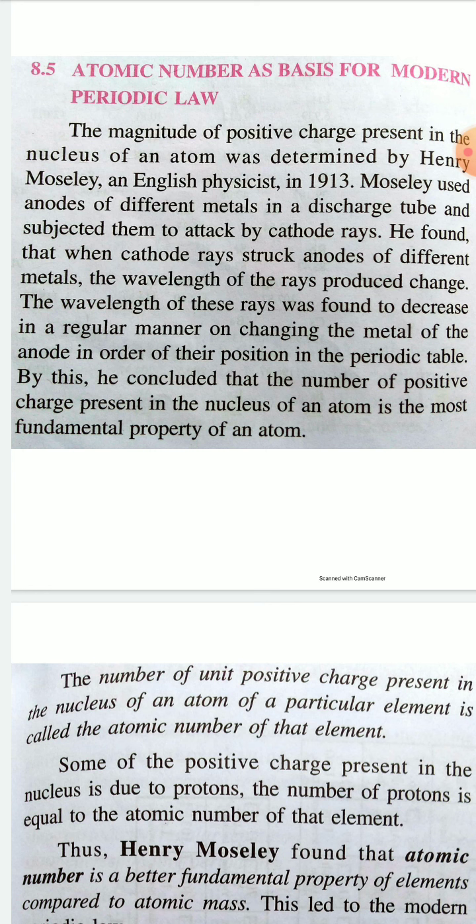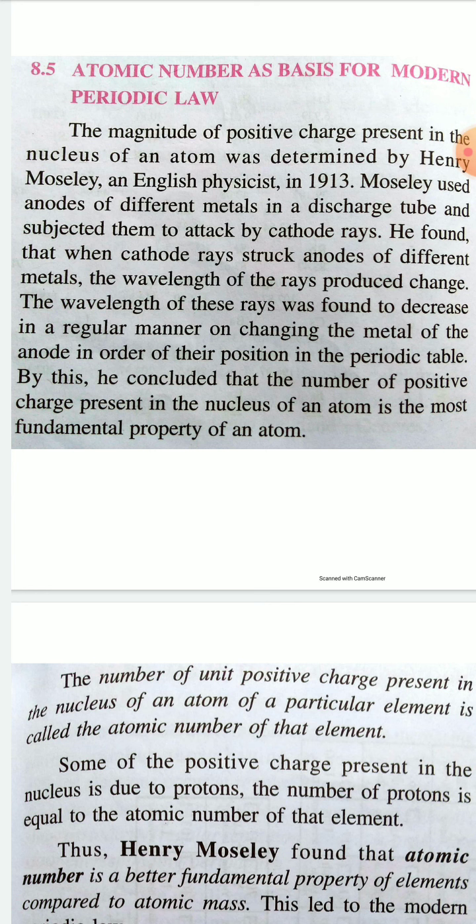In the previous video I have told that Mendeleev was the first scientist who gave an almost successful periodic table, and he arranged all the known elements at that time in a tabular form, and he gave a periodic law. According to Mendeleev, the periodic law was physical and chemical properties of elements are periodic function of their atomic masses.